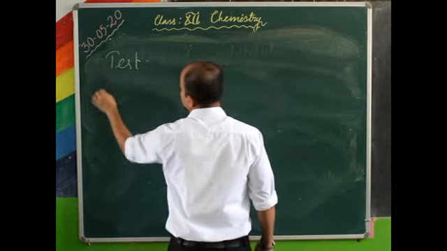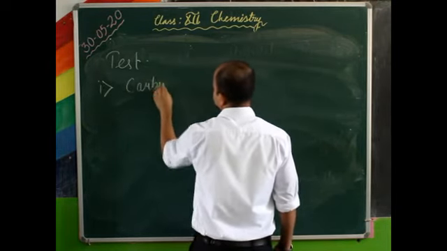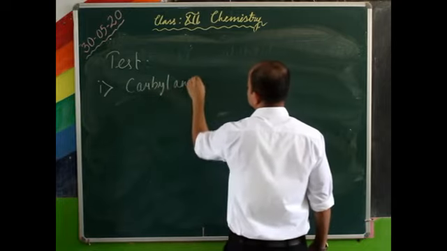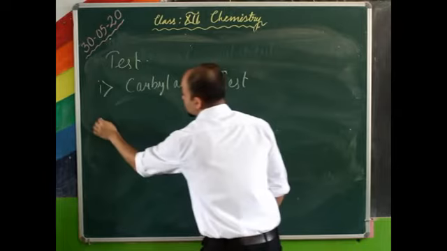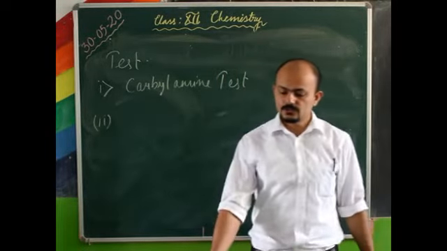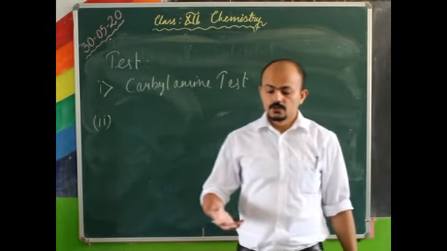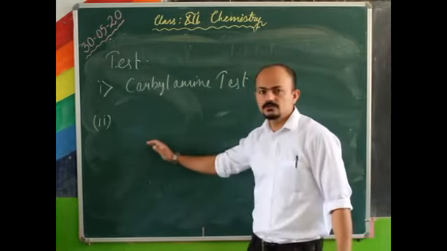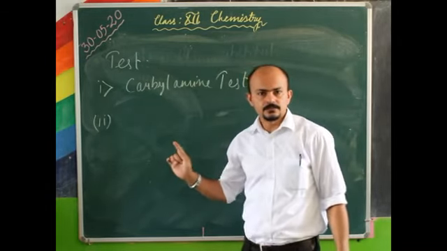So the first test, number 1, is the carbylamine test. I told you this one. Number 2 is the beta-naphthol test. This is also known as the dye test. Now, in one of the reactions on diazotization, you saw that you obtain benzene diazonium chloride.